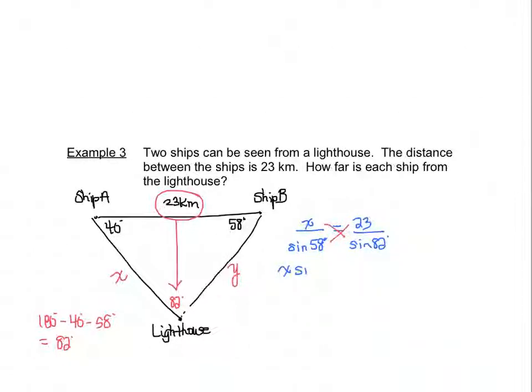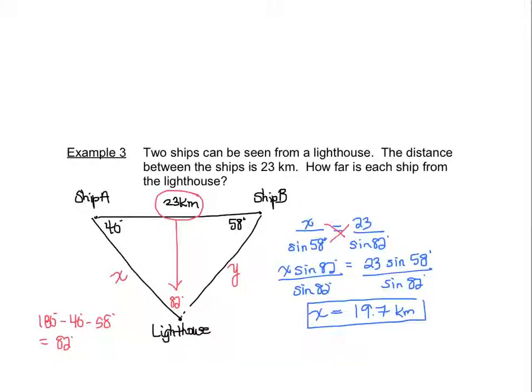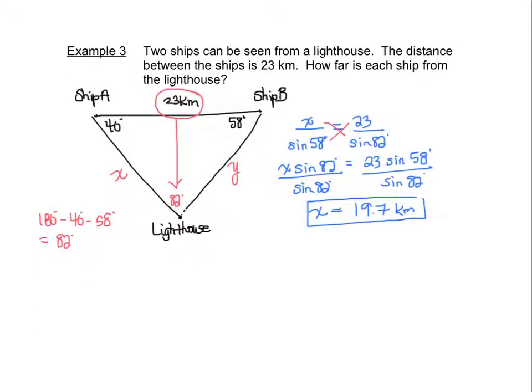So X sine 82 equals 23 sine 58. Divide both sides by sine 82. And that tells us X is 19.7. So ship A is 19.7 kilometers from the lighthouse. Okay, and now we're going to do the same thing to find the distance for ship B.